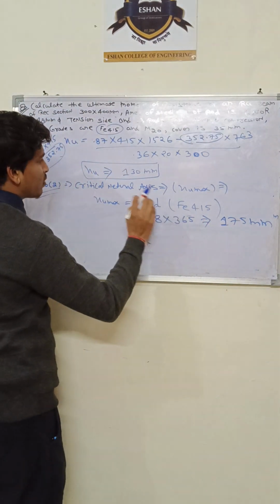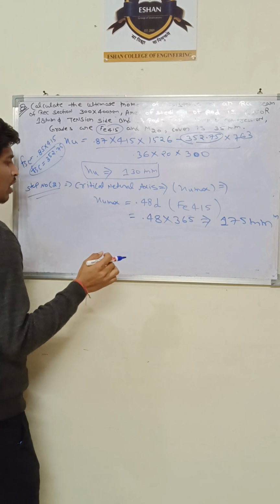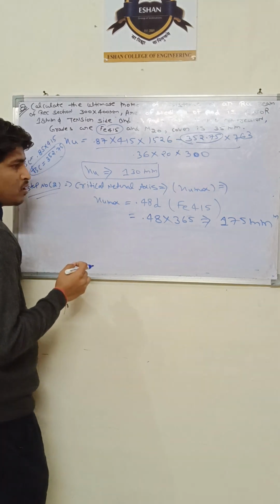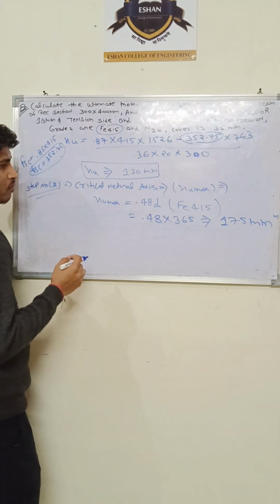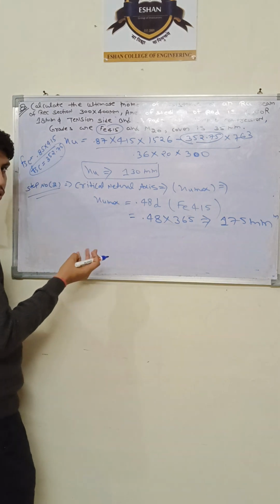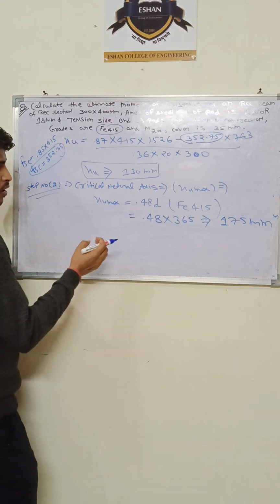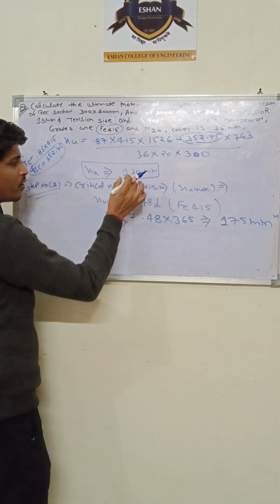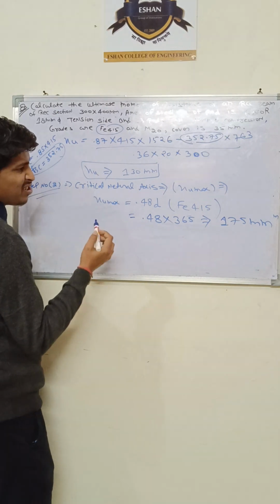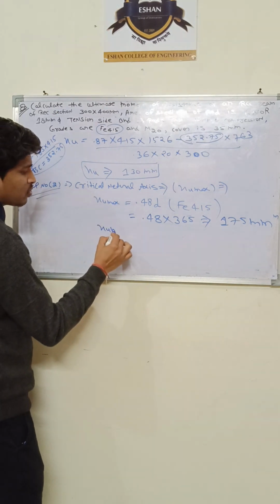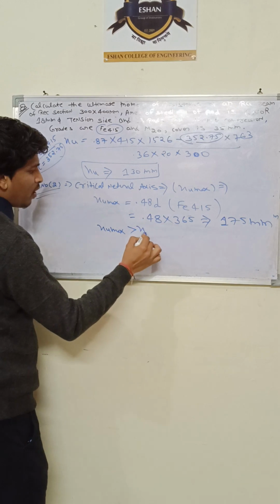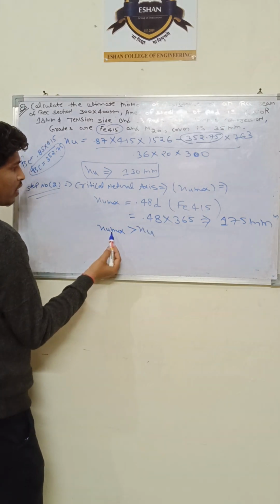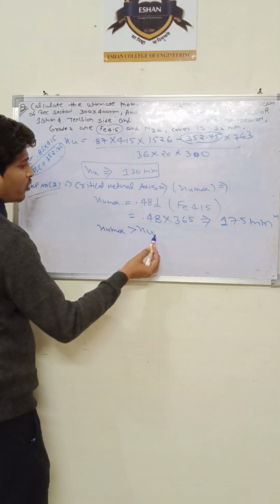This is Xu max and this is Xu. In the earlier video we discussed the sections of the beam: under-reinforced, over-reinforced, and balanced sections. Here Xu max is 175 and Xu is 130 mm. So which condition is followed? Xu max is greater than Xu, the critical neutral axis is greater than the actual neutral axis.